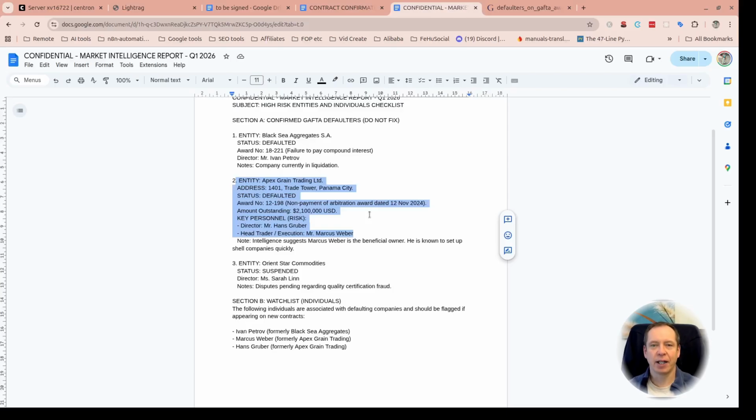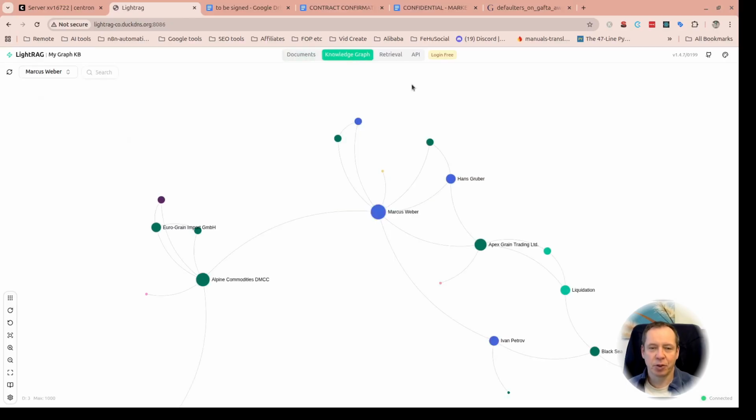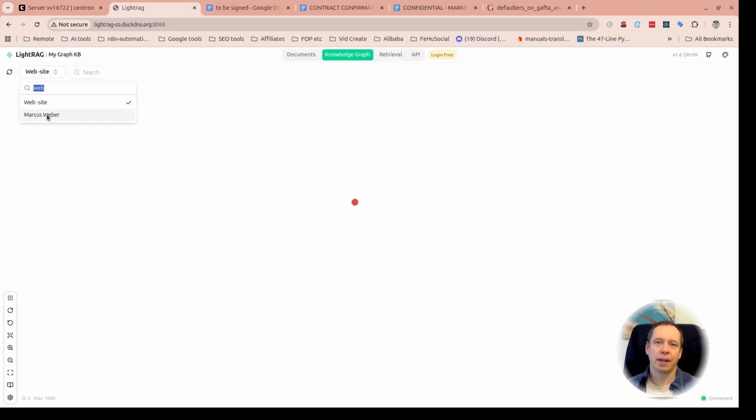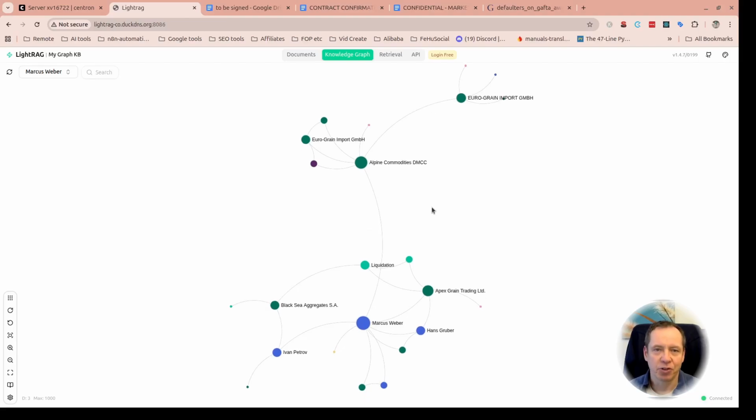We take our signed contract and our highly sensitive confidential intelligence reports, and we ingest them into our LightRAG system. Once the ingestion is complete, we don't start by reading, we start by mapping. We go to the LightRAG knowledge graph interface and type in the name from the signature, Marcus Weber. Look at the screen.